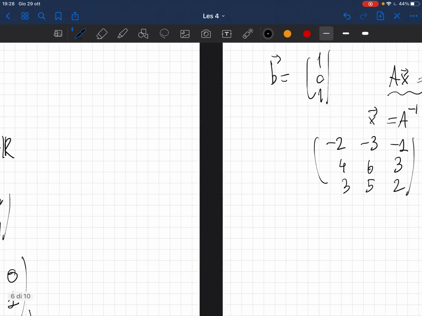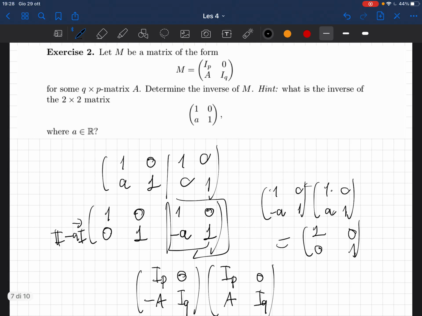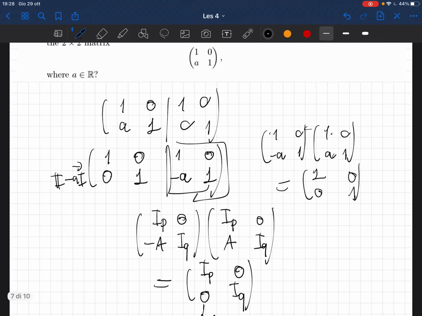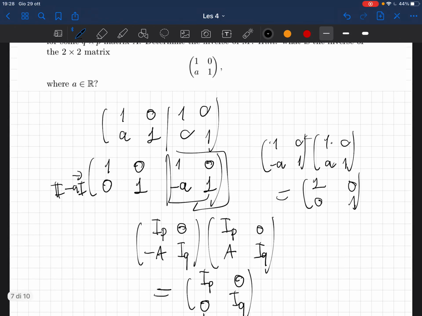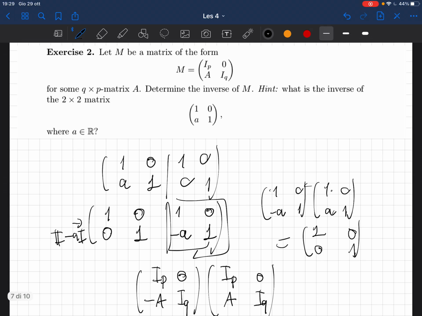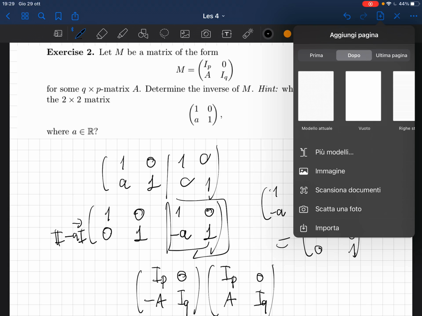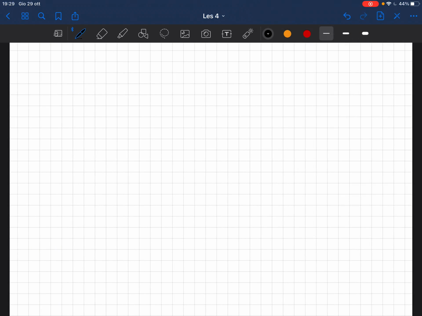But we made it. Fortunately, the following one is a little nicer. Okay, this is the second one, and let's write a solution now. We put another page here.